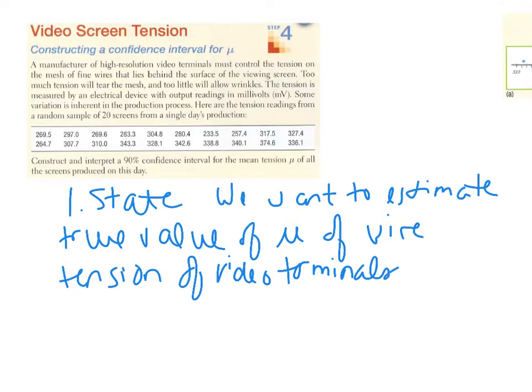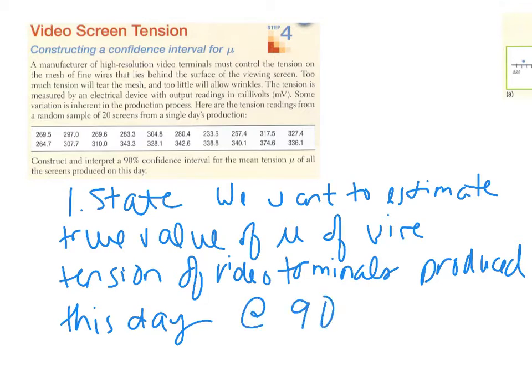You have to make sure that is put in there. So for the video terminals produced that day, because our problem specifically says that it's looking at one particular day's worth of production, and this time we're at a 90% confidence level. Don't abbreviate on your AP test. We are at a 90% confidence level instead of a 95.